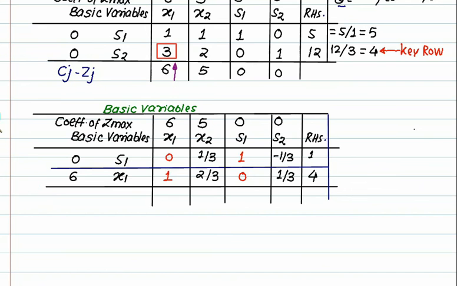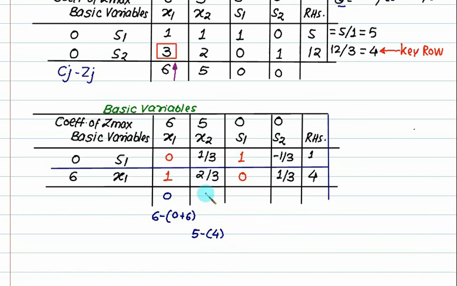Let's calculate Cj minus Zj one by one for this row. This one is 6 minus 6 into 1, which is 0. Next, the number is 5. So I write 5 minus 0 and 6 into 2 by 3, which is 4.